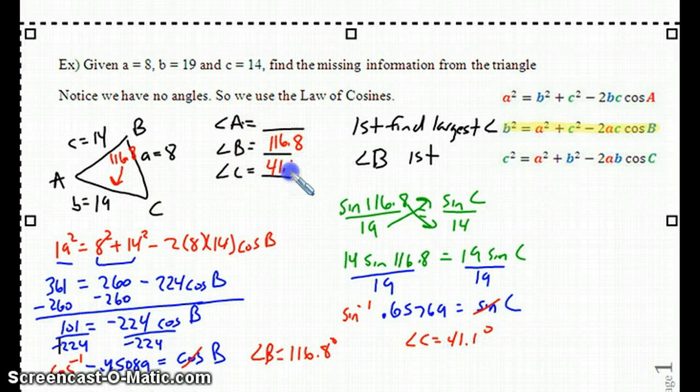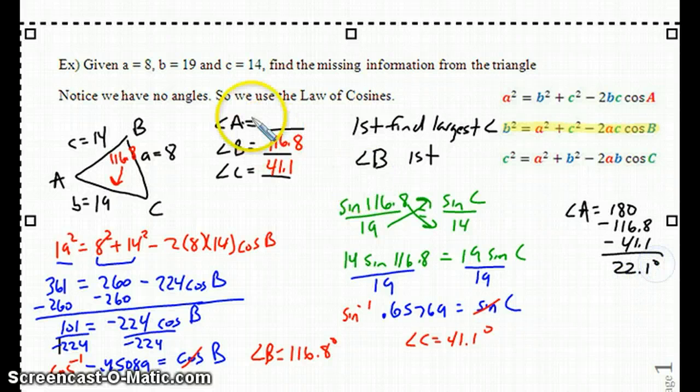That was angle C. And then finally, to find angle A, I would take 180, subtract the two that I know, and I would get 180 minus 116.8 minus 41.1, 22.1 degrees.